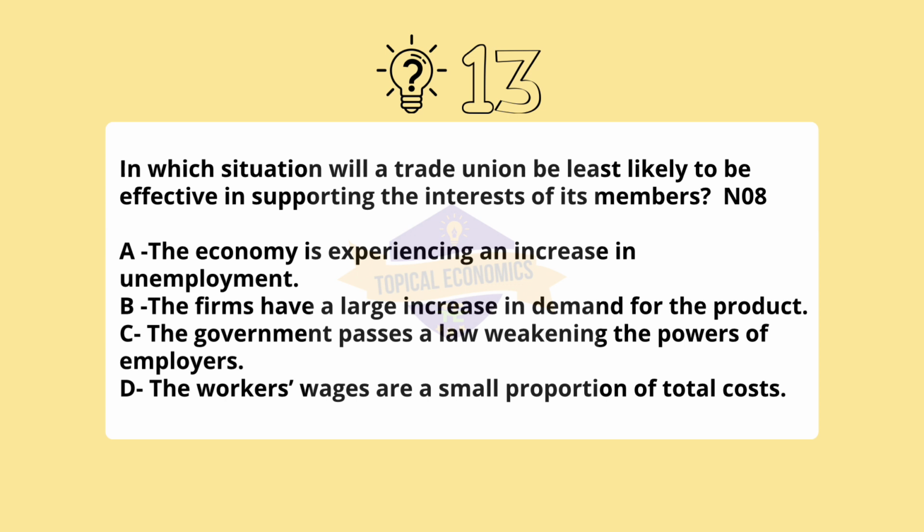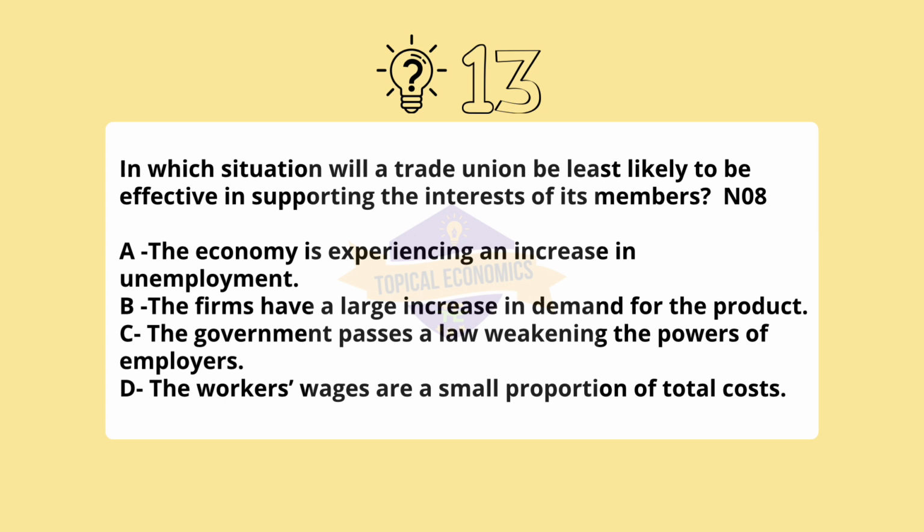So here, again, this is similar to what we have done earlier also. When we have periods of rising unemployment, the bargaining power of trade unions diminishes as there are more workers than the available jobs. So the employers may be less inclined to negotiate wage increases or better conditions, knowing that they can easily replace workers.